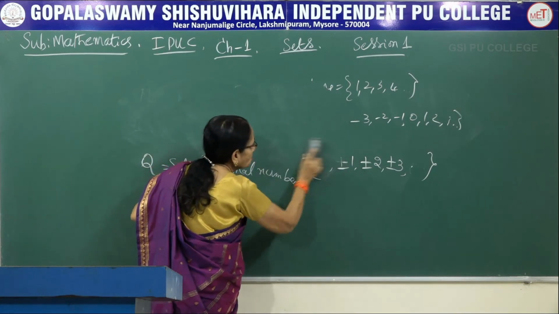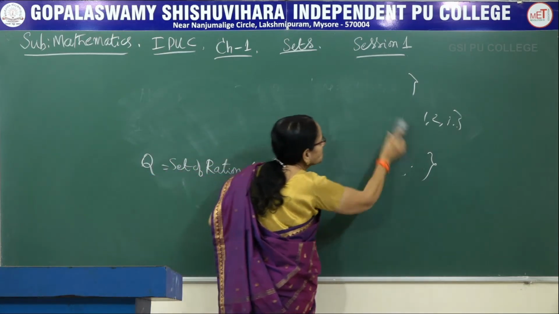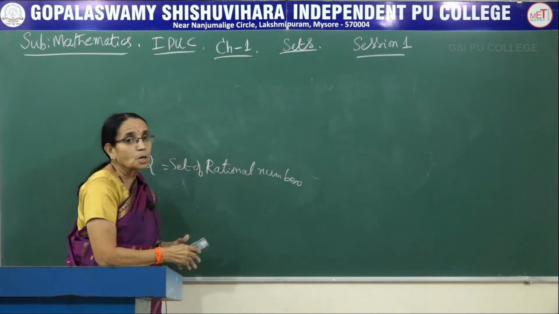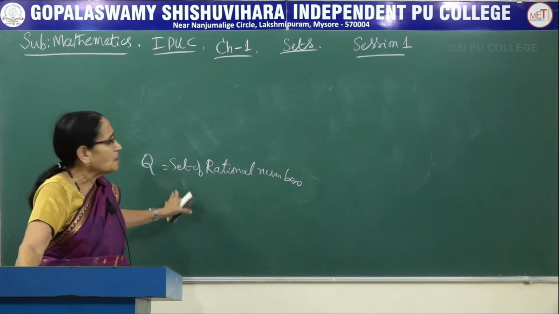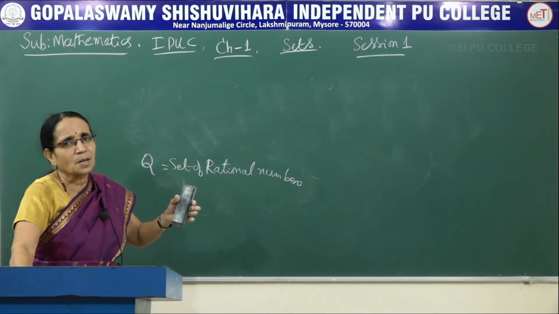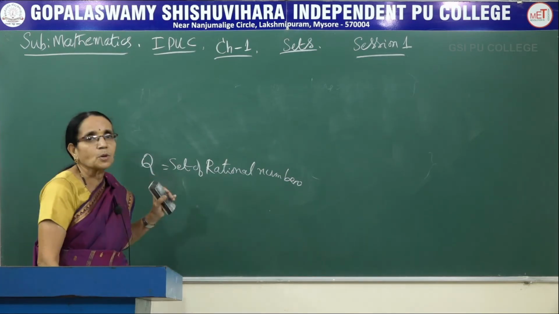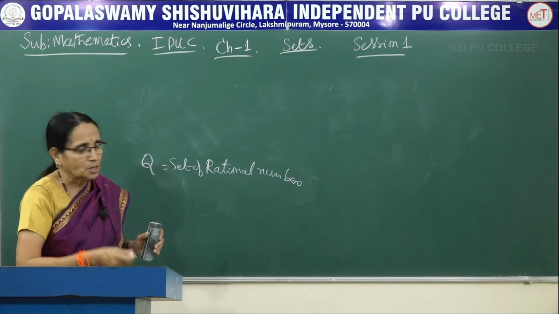So the capital letter Q we use to denote the set of the rational numbers. Sometimes we use Q dash to denote the irrational numbers. These are all standard sets. This irrational notation sometimes varies from book to book or person to person. But wherever we use the letter Q, it denotes only the set of the rational numbers.